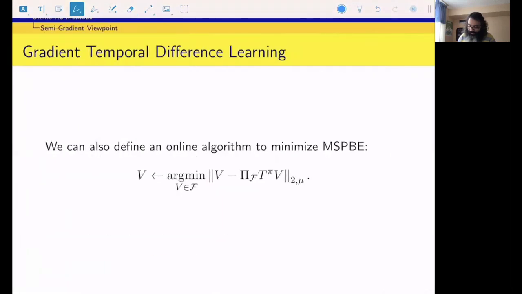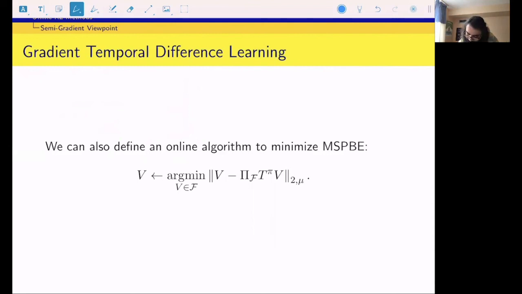Okay, so maybe one other comment is that there are these methods called gradient temporal difference learning. They call it GTD, and there are several variations of it, which are essentially going back to one of the earlier formulations, the optimization-based formulation of finding the fixed point of the projected Bellman error.